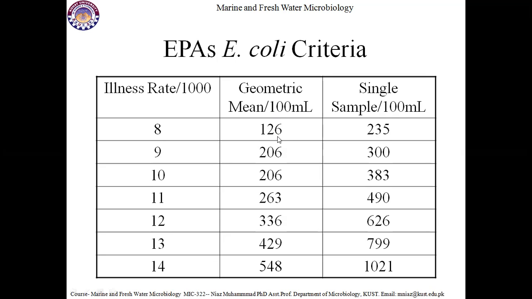Similarly, if the geometric mean increases, the illness rate increases, and the single sample microbial load per 100 ml also increases. Suppose the geometric mean is 206, the illness rate is 9, and the per sample microbial load is 300 MPN per 100 ml.